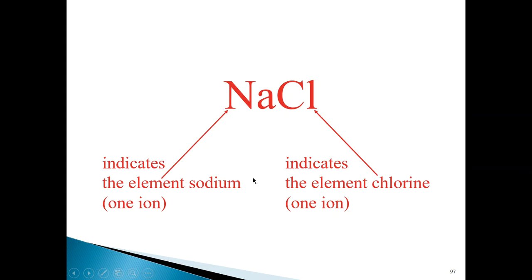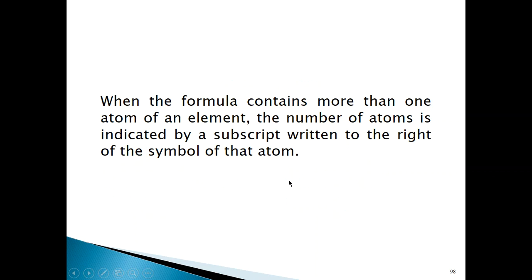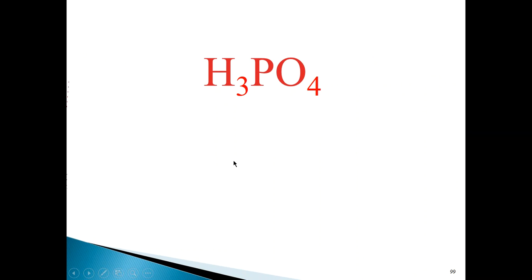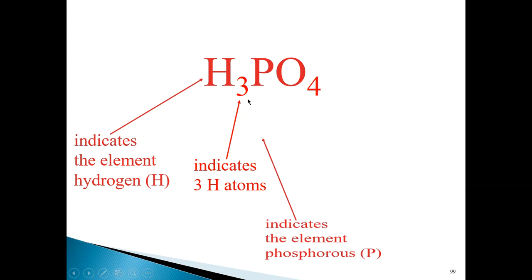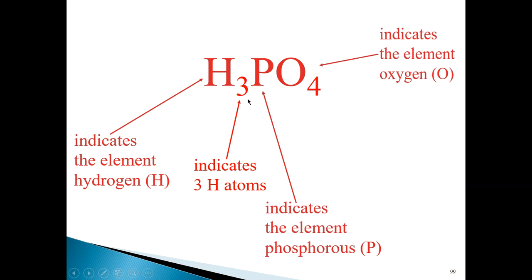Now, this is a simple example. We can move on to one that is more complex, where you have different numbers written as subscripts for each of the different elements present. So here is an example. What this tells you is that there are 3 hydrogen atoms, 1 phosphorus atom, and 4 oxygen atoms present per molecule of this particular compound, all right?